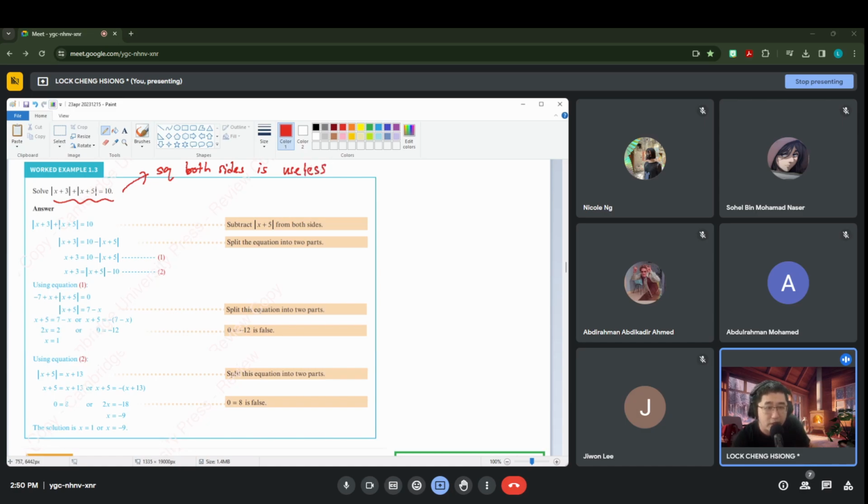This is something that I need you to be aware of. Squaring both sides is useless. The better method is the analytic method.